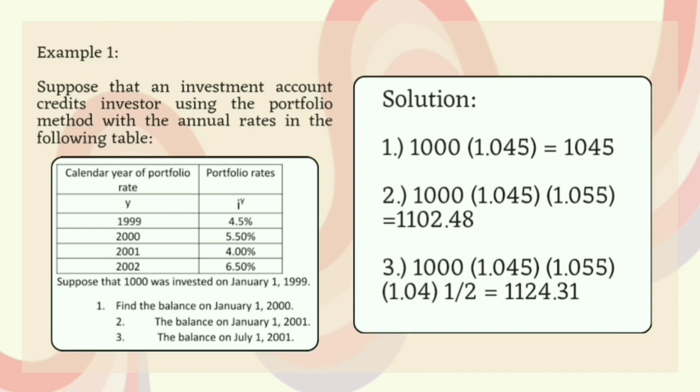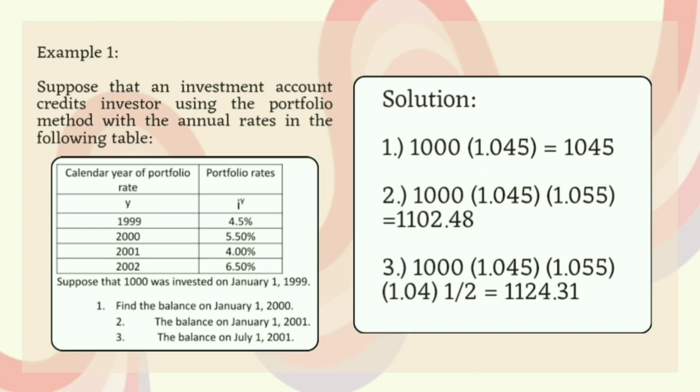So the question is, find the balance on January 1, 2000, the balance on January 1, 2001, and the balance on July 1, 2001. So look at the table, year 1999, 2000, 2001, 2002. And then the portfolio rates are 4.5%, 5.50%, 4%, and 6.50%.